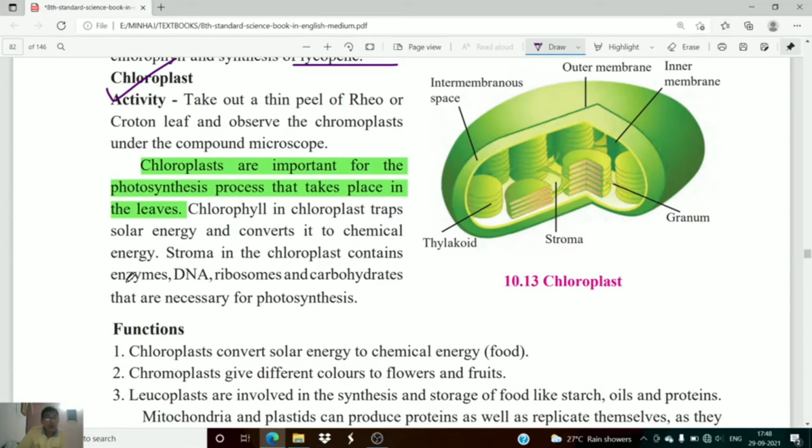These important materials, or you can say genetic materials like DNA or ribosomes, are there in the stroma of the chloroplast, and these materials are utilized in the process called photosynthesis.